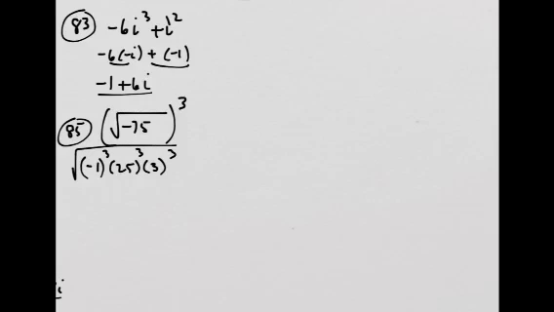I'm taking the square root of that. Okay, so I can take them out in pairs. So this one comes out in pairs, so you get negative 1 outside, but then you still have a negative 1 left inside, right?